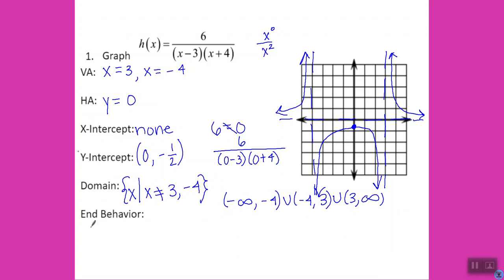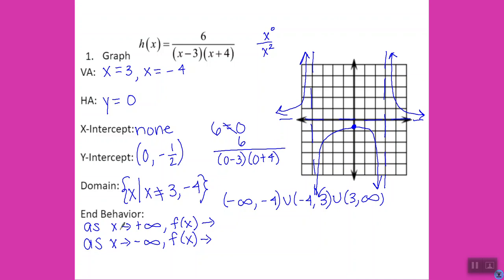End behavior. As x goes to positive infinity, f of x goes to, and as x goes to negative infinity, f of x goes to. Remember that part never changes.